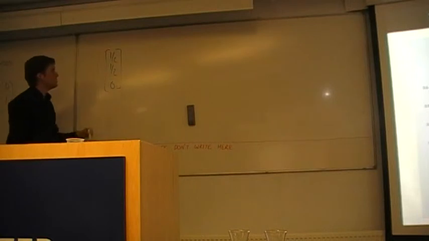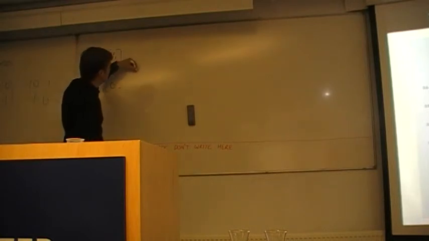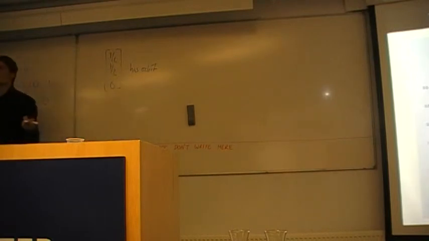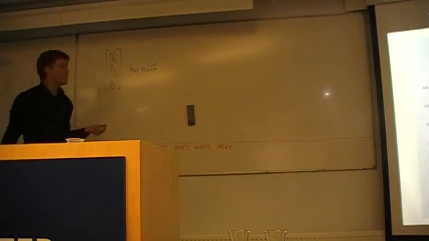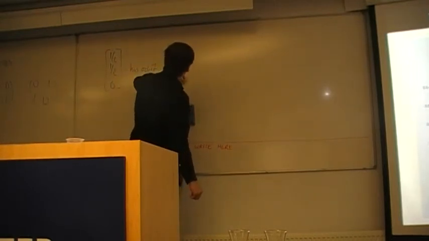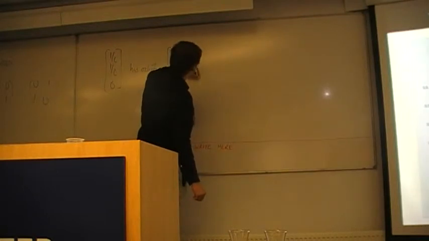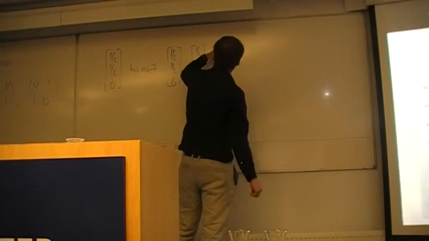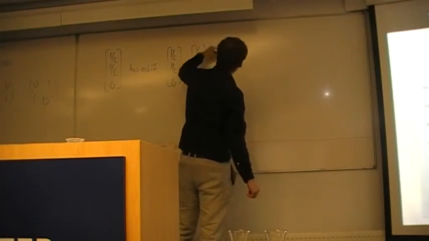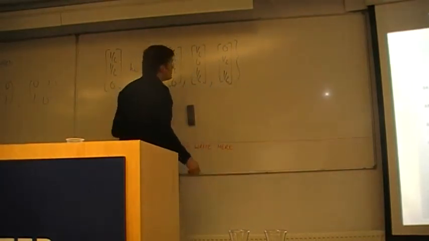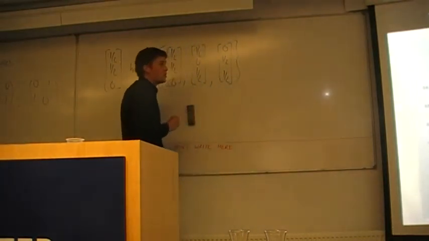So this guy has an orbit. So that just means a set of permutations of it, which includes itself. And that is the blue.